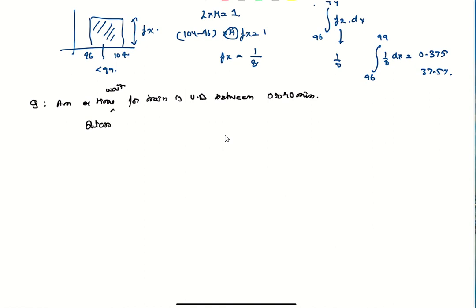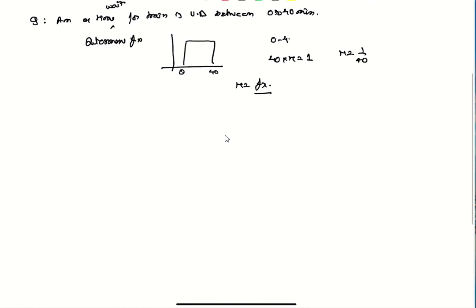Determine fx. Again we're going to draw this, this is 0 and this is 40, and 40 times height is equal to 1. Height is going to be 1 by 40, and we know that height is equal to fx, so that's the fx.